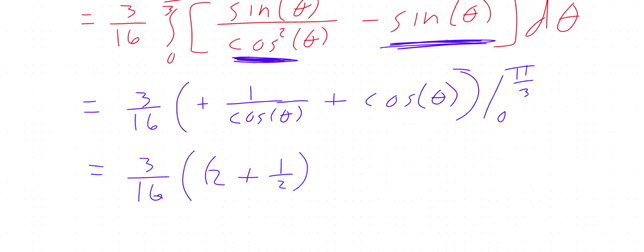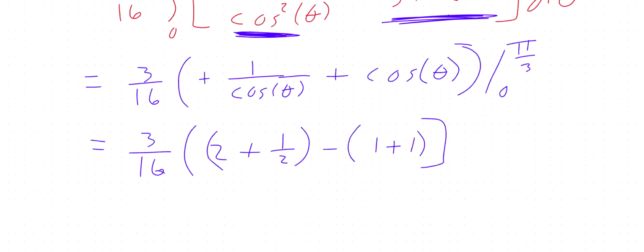And so 1 plus 1 is 2. We have a 2 minus 2. They cancel. So it's a 3 over 16 times a half. Our answer is 3 over 32.